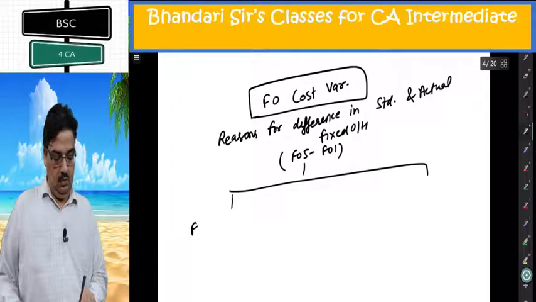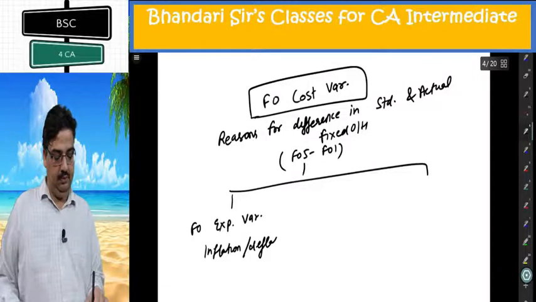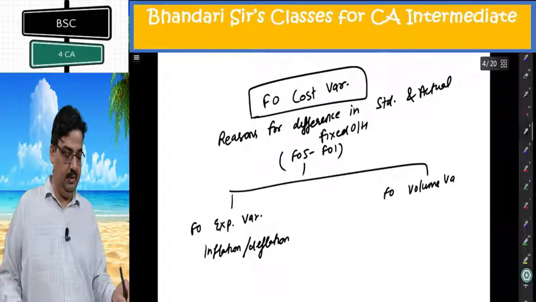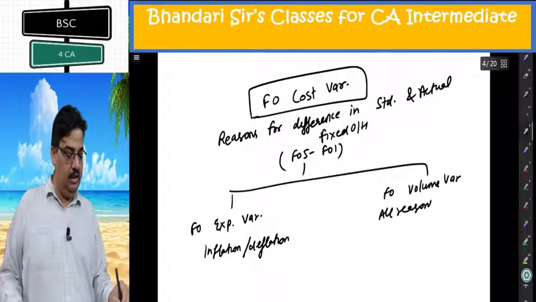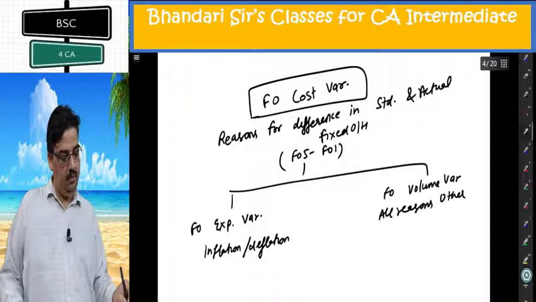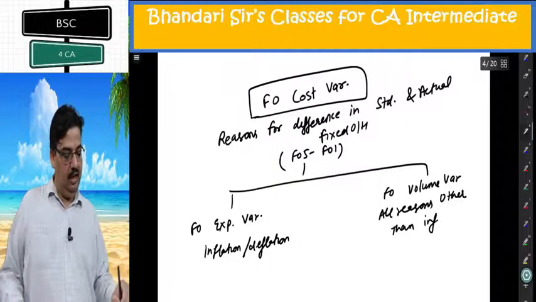Fixed overhead expenditure variance: inflation, deflation. Fixed overhead volume variance: all reasons other than inflation, deflation.